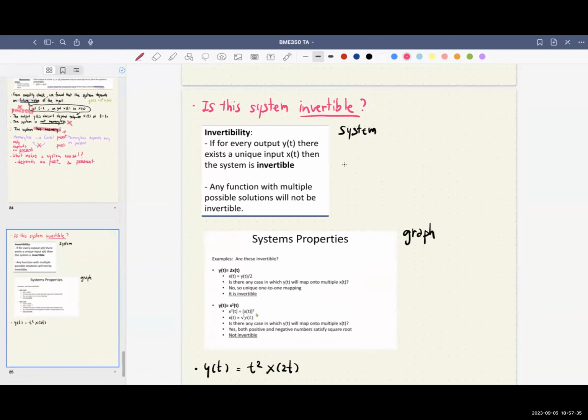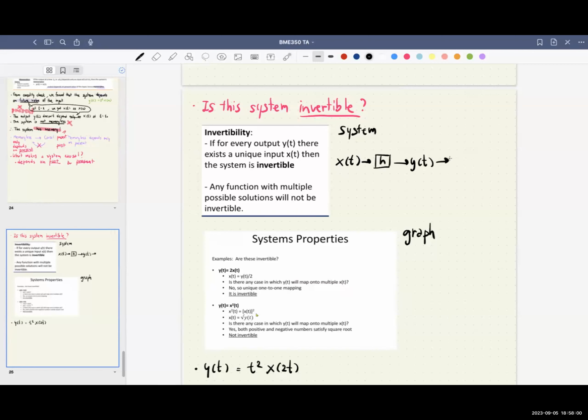Invertibility of the system. So what does it mean if a system is invertible or not? Let's say I have an input x(t) and I put it in some system h, and I will get the output y(t), right?